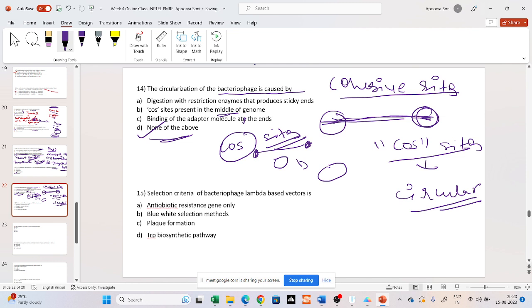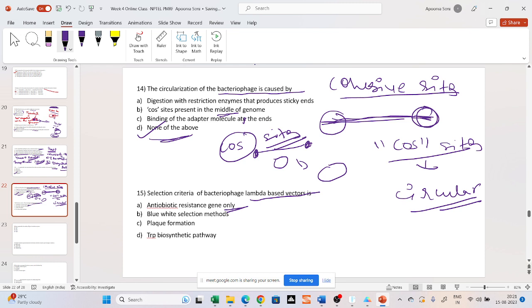Now, next question is selection criteria of bacteriophage lambda based vector is. So basically the unique selection criteria for lambda based vector, because in general most of the vectors have some antibiotic resistant genes. That's why I have written antibiotic resistant gene only. So this is not the answer. So what is the answer here?